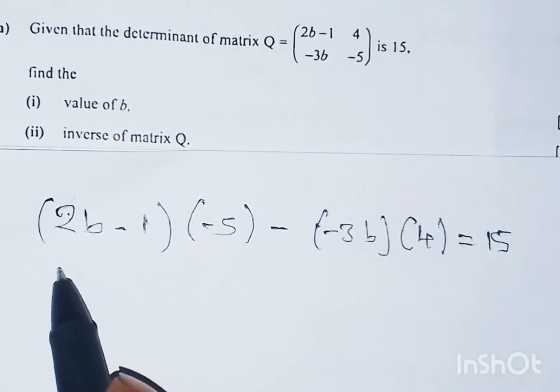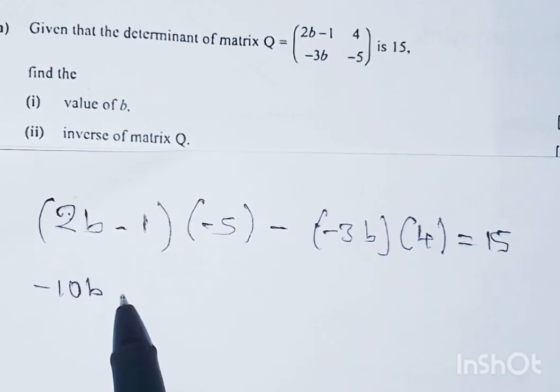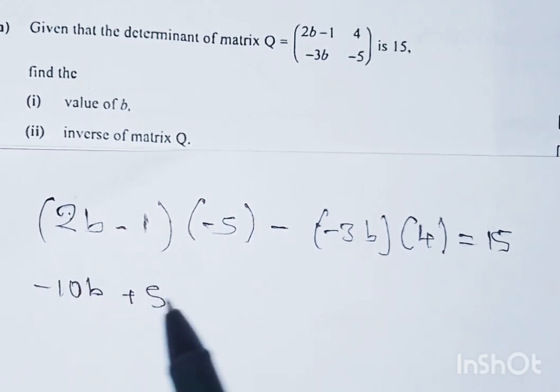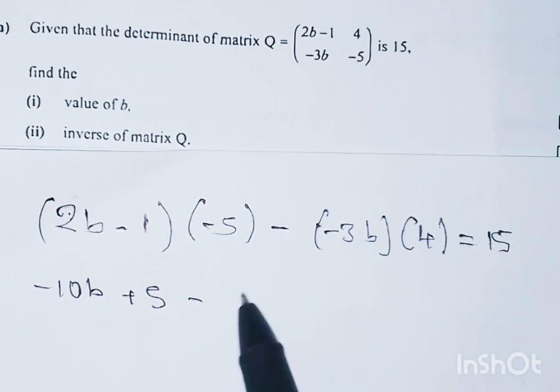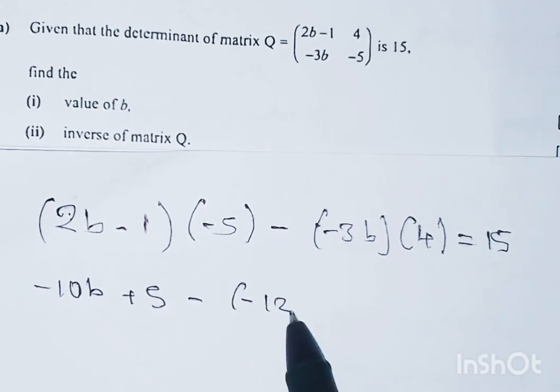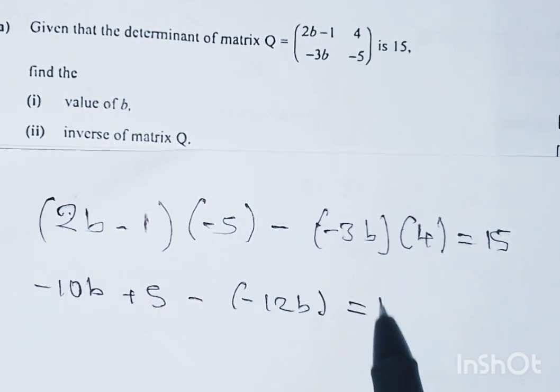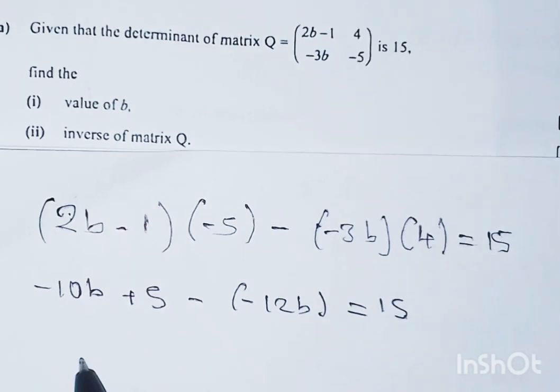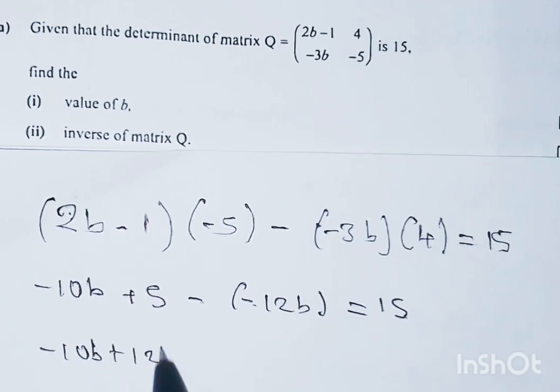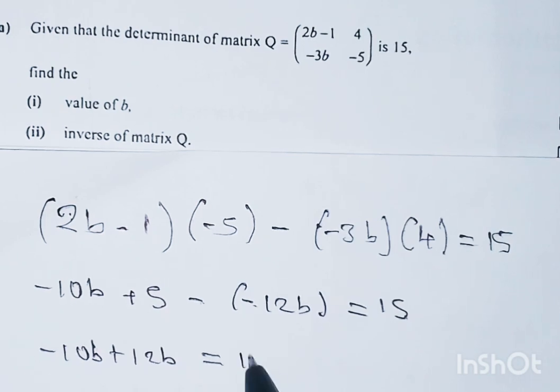Then this will give us negative 10b plus 5, minus negative 4b, will be equal to 15. So we have negative 10b, then this time it gives us positive 12b, which is equal to 15.